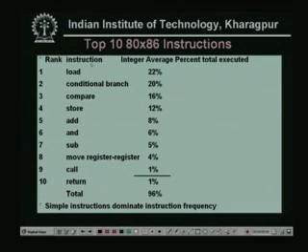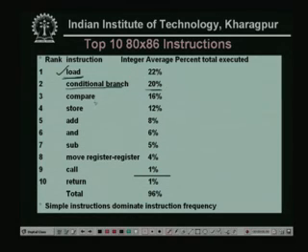These are the instructions. This is a load, and the average percent of the total execution has been computed: 22% of the total execution is load instructions. Now, a conditional branch means if a condition is satisfied, it goes to some address. This type of instruction is executed 20% of the total execution.